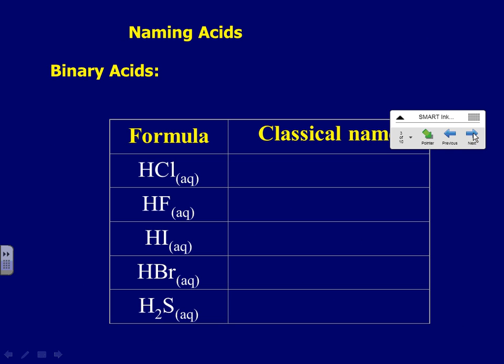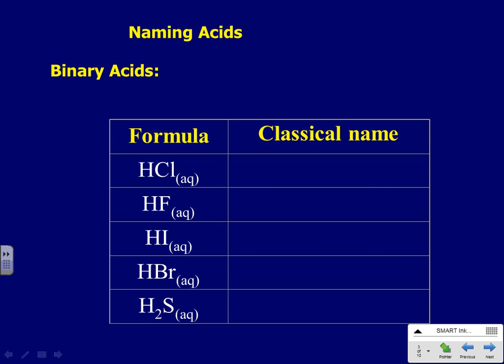So let's talk a little bit about naming acids. And we're going to come up with the names for these things. It doesn't have to be a grid. It's just the easiest way for me to present a bulk of information, so you can just put formula and name. And yes, this is called the classical name.